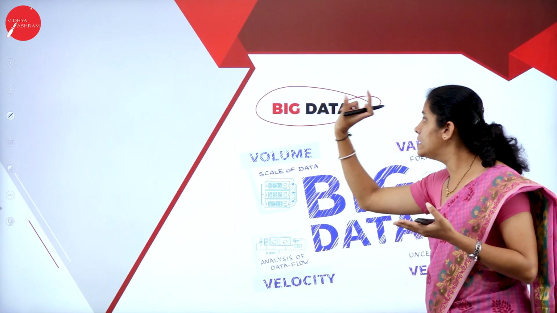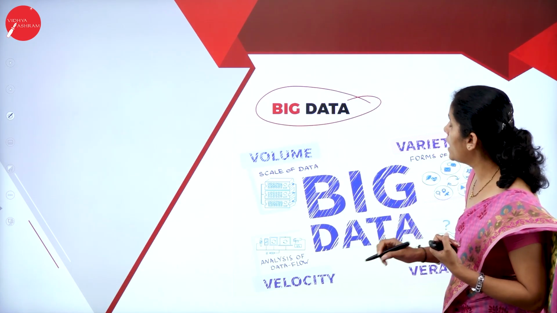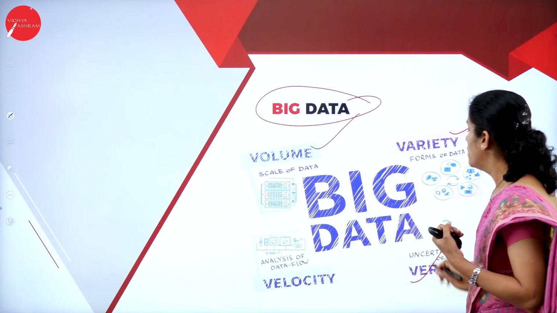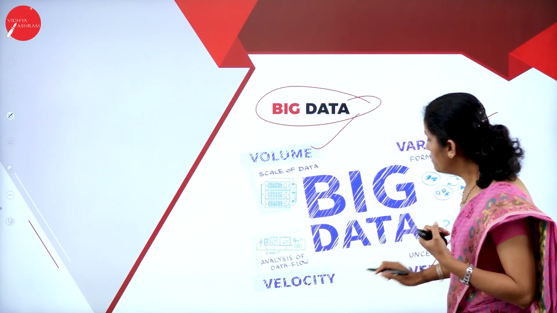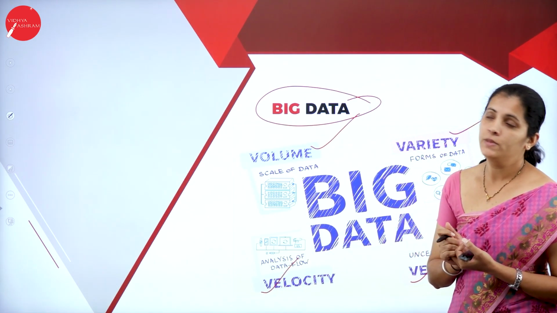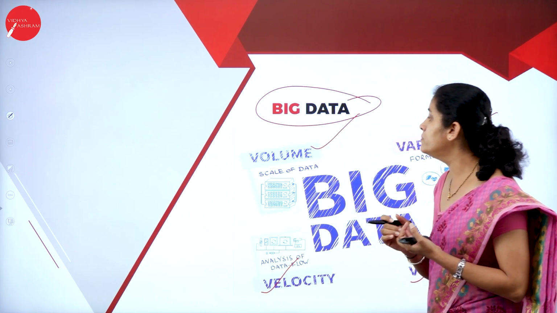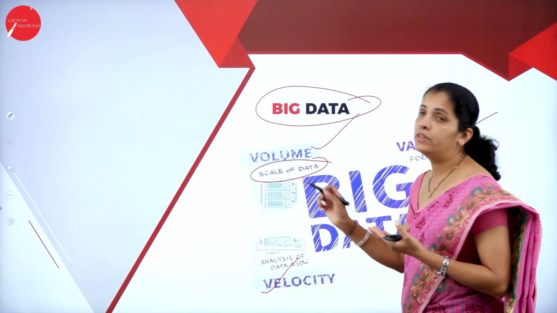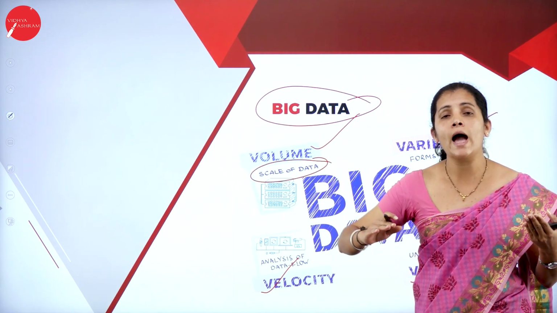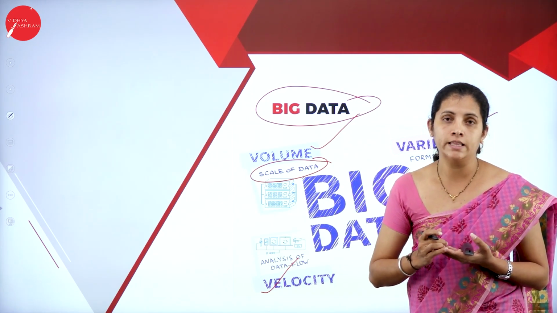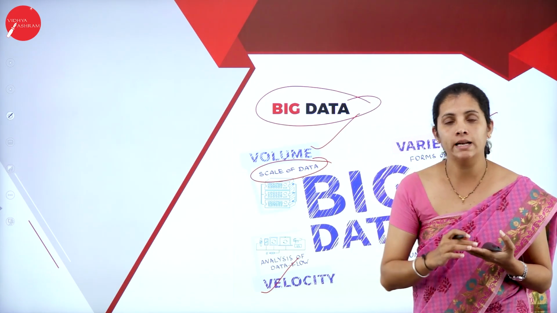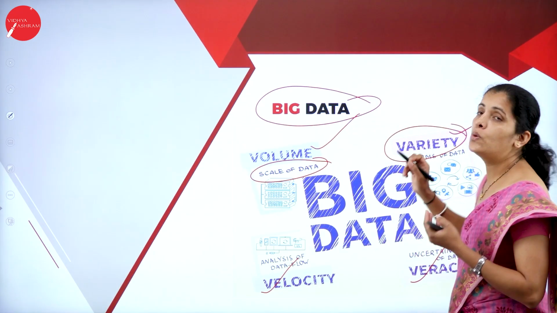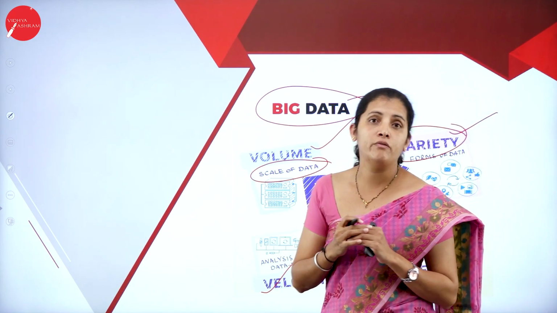When I say big data, here we are going to have volume, variety, and velocity. The volume of the data is nothing but the scale of the data. That means we have a huge amount of data, that may be petabytes, terabytes, etc. When I say variety, we have different forms of data.